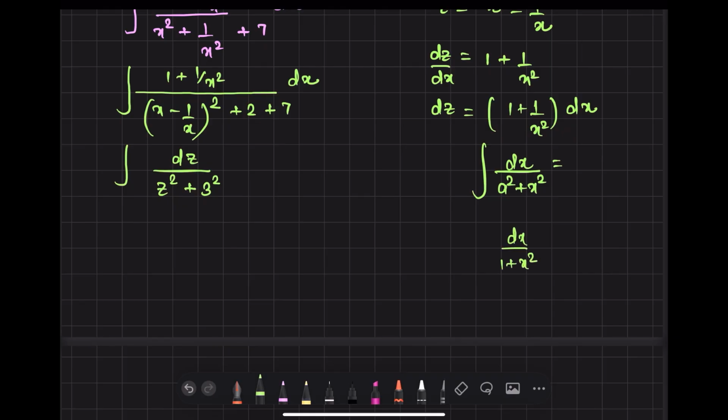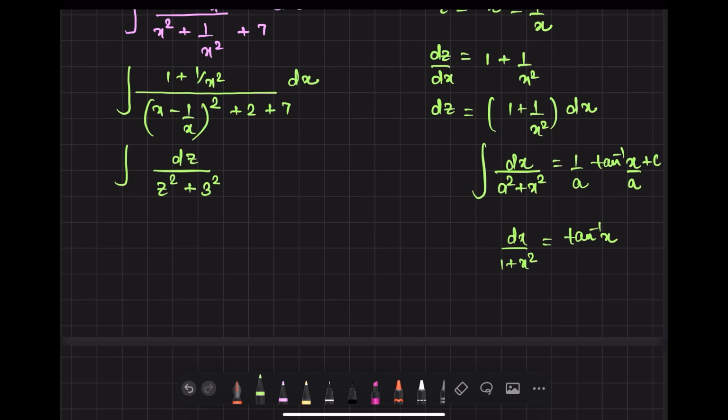If it is comfortable, you will be applying 1 by a, and if you are not comfortable, you will be applying 1 by 2a. And you know that you are comfortable, this means you will be taking help of this formula which tells you of tan inverse x. So it is tan inverse x by a plus c, correct?